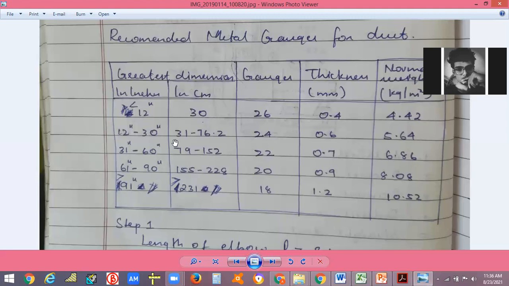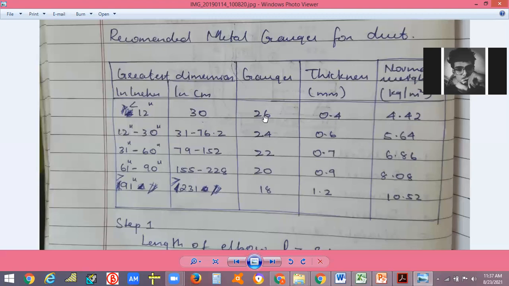For example, if the duct size is 500 into 300, the greatest dimension there is 500. Understood what I am saying? So here the greatest dimension is given in inches as well as in centimeter. It is less than 12 inch, or less than 300 mm or 30 centimeter.